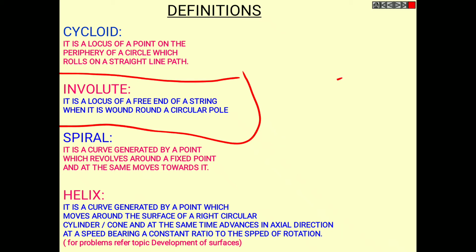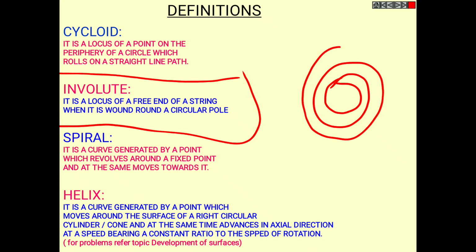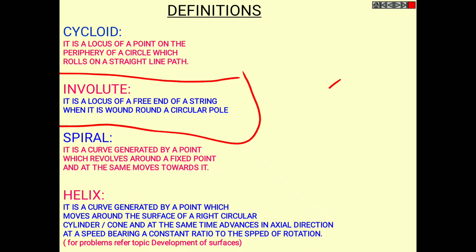For example, we will assume that there is some circular pole, and we have wound some string around it.